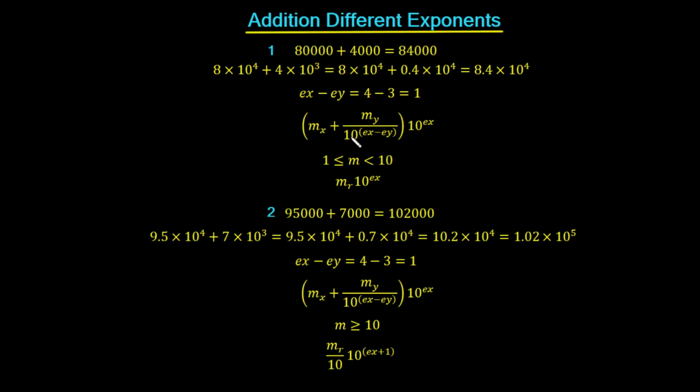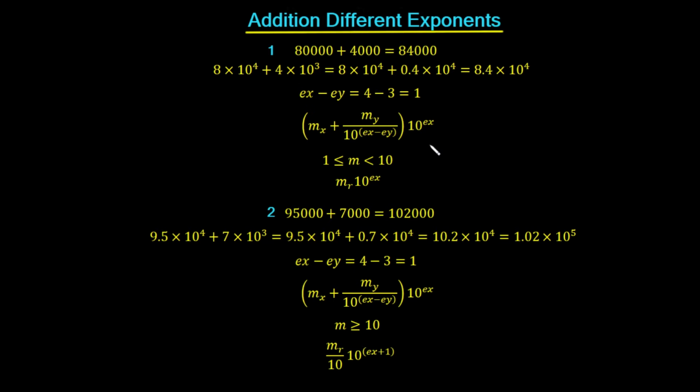So it's 10 to the power of 1 in this instance. So that's just 4 divided by 10, giving us the 0.4, and the value that we're going to multiply it by is our 10 to the power of ex.